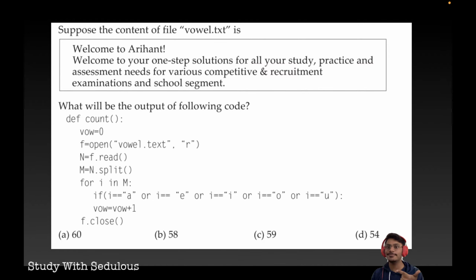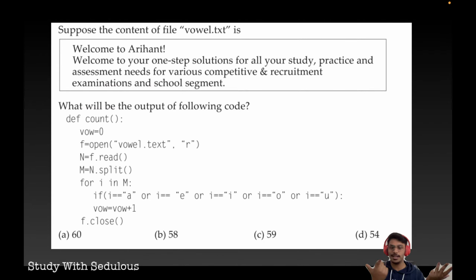So the answer would be 50. I'm getting 59, so it should be 59. Is that 59? We'll check. Hopefully yes. But in the examination, just count it by default. And I don't think this sort of a question would come because there are so many i's and u's and e's, and it's very easy to make a mistake.